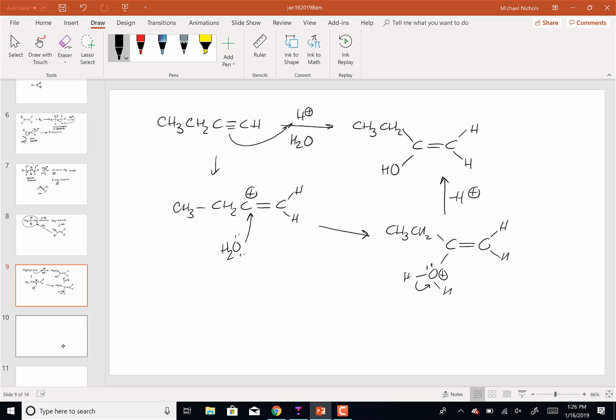And if I get the sense that we need some practice on this, then I'll create some homework problems to give us some practice, just so you know I'm getting that sense that we might need to write a couple of mechanisms here.